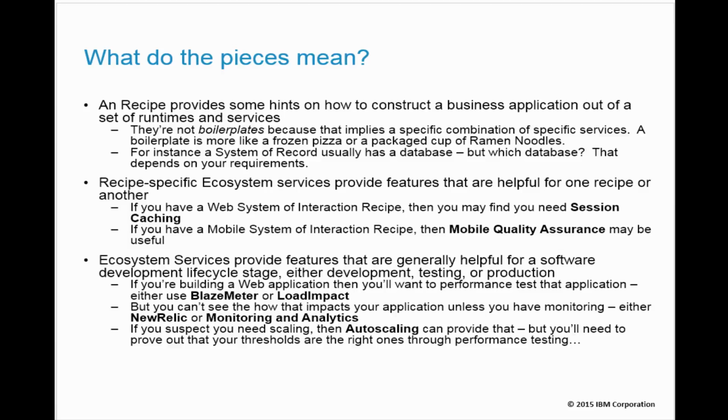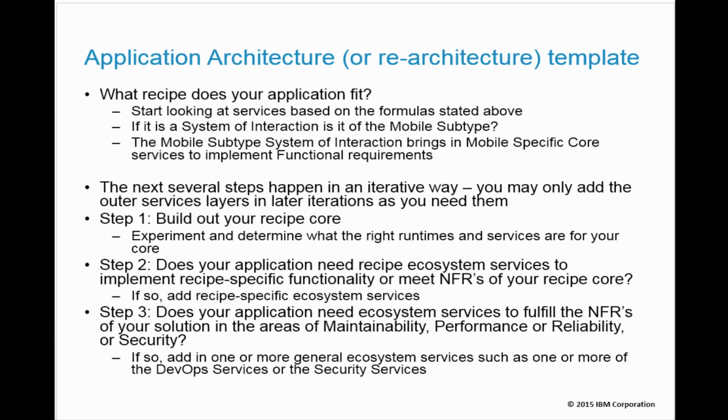And that really gets to what we're showing. You see, the approach that you need to take when looking at building applications in Bluemix starts with the basic question of figuring out what recipe your application fits in. You start at the core of that set of concentric hexagons.